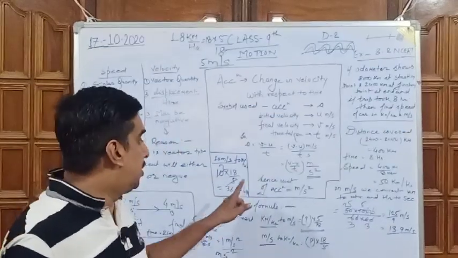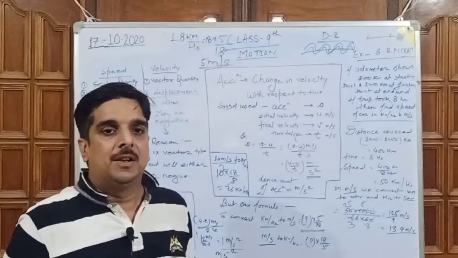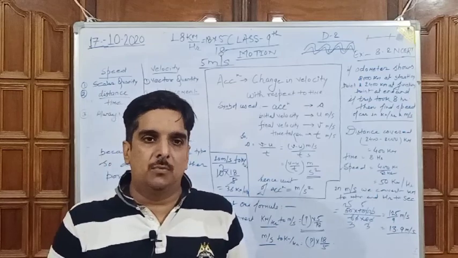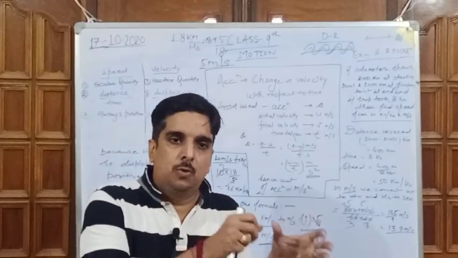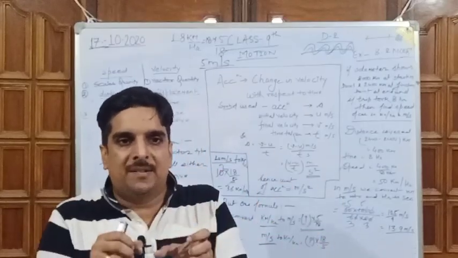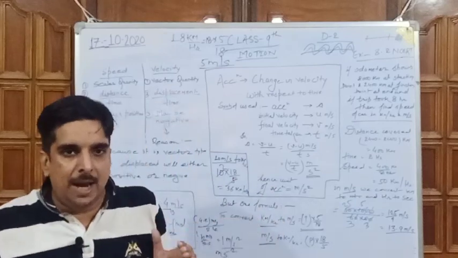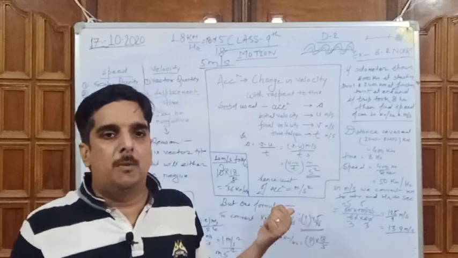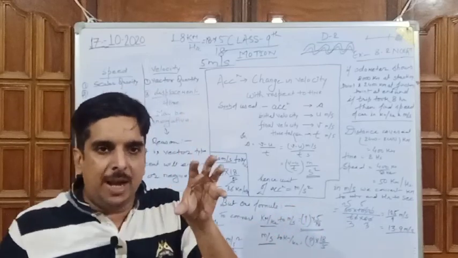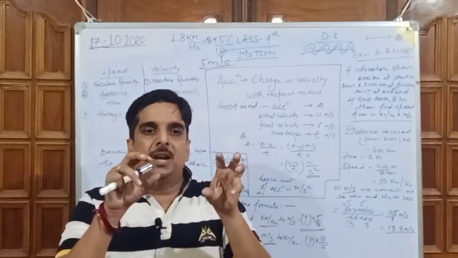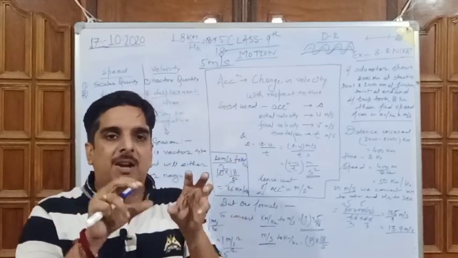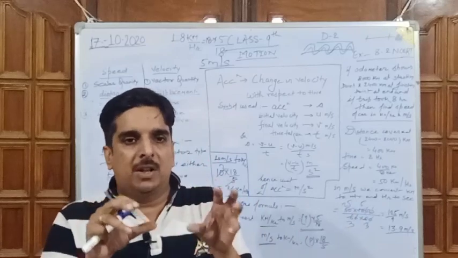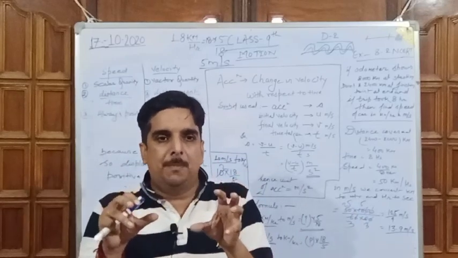So with these examples, I am able to explain how easily we can convert kilometer per hour to meter per second and meter per second to kilometer per hour. Again, as revision: if the magnitude is given in kilometer per hour, we take the magnitude and multiply it by 5 by 18, and whatever value comes will be in meter per second.